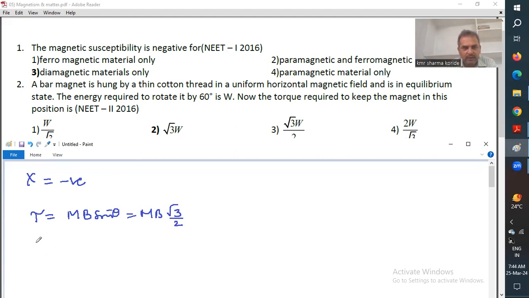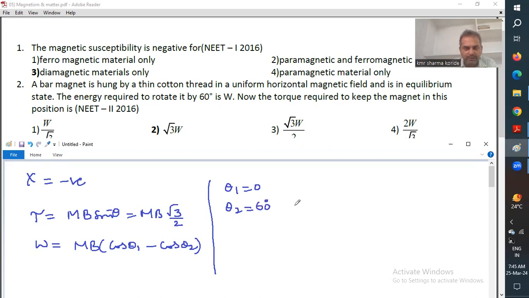This is the torque. Get back the equation of work done when the magnet is rotated due to torque. So mB (cos theta 1 minus cos theta 2). Initially it is in equilibrium state. So therefore, theta 1 is equal to 0. Theta 2 is equal to 60.